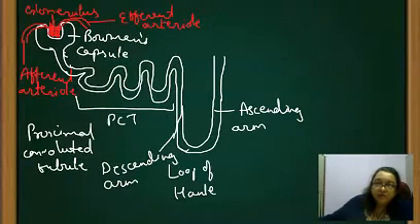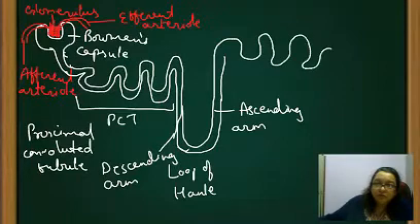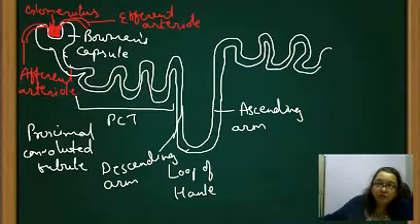Again this ascending arm proceeds further to form the coiled tube known as distal convoluted tubule.